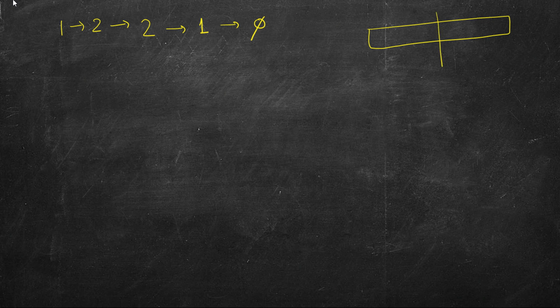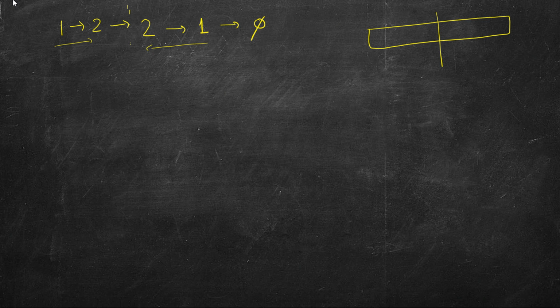It depends on whether it's odd or even. If it's even, then the mid will be lying here between two numbers. So this half in this direction should be same as this half in the other direction, or the other way around.